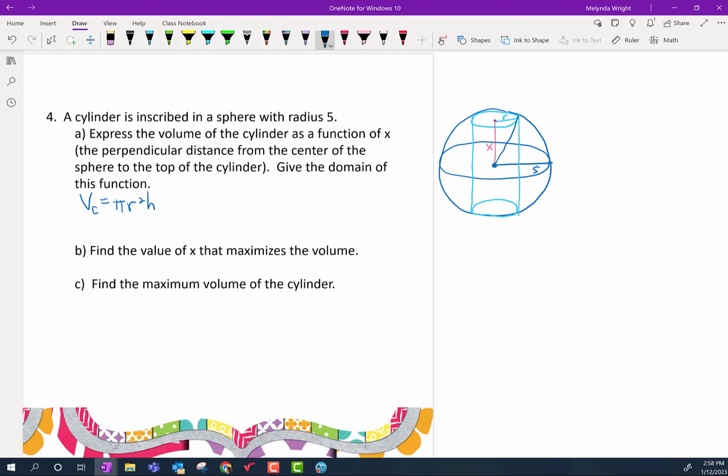I'm going to pull out that triangle because there's too much going on in that figure. So this is a little triangle that I am pulling out, just so we can analyze it better away from the drawing. That's r, that's x, and that's 5, because from the center of the sphere to the edge is 5.